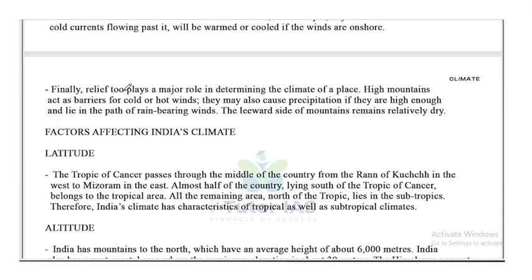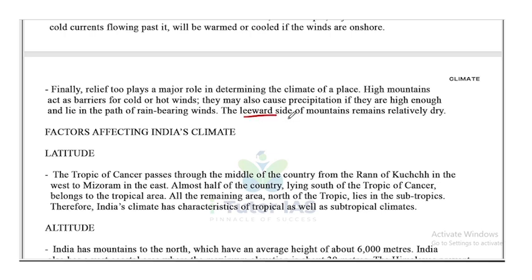Finally, the relief. It too plays a major role in determining the climate of a place. High mountains act as barriers for cold or hot winds. They may also cause precipitation if they are high enough and lie in the path of rain-bearing winds. The leeward side of the mountain remains relatively dry. Okay, the leeward means the rain shadow area.